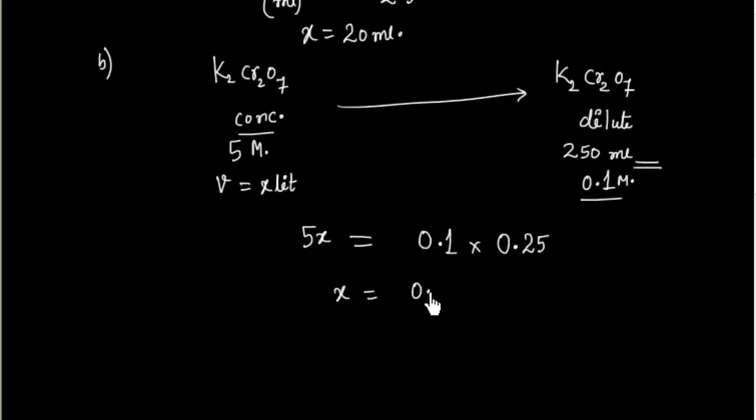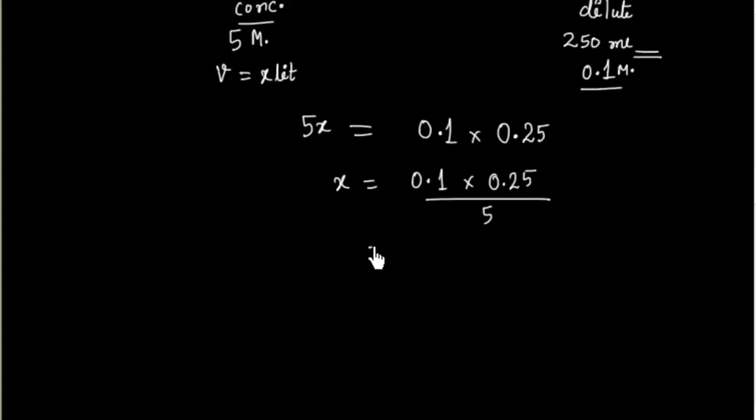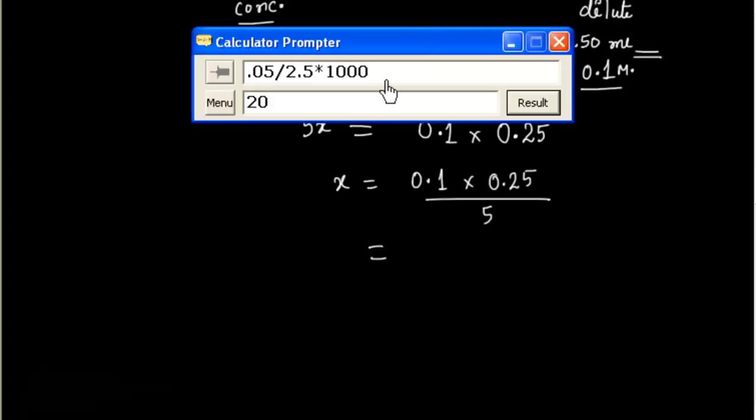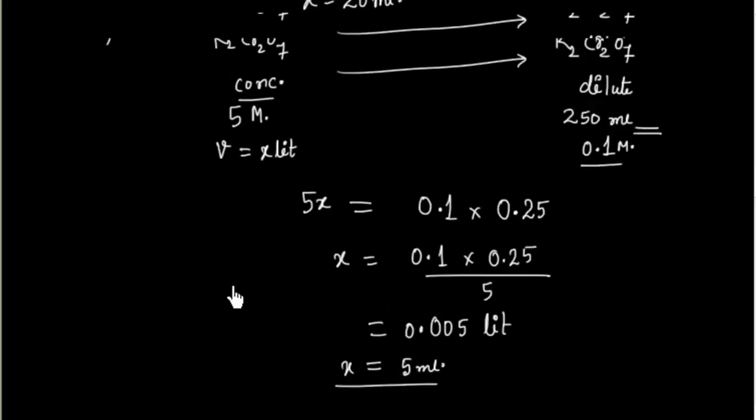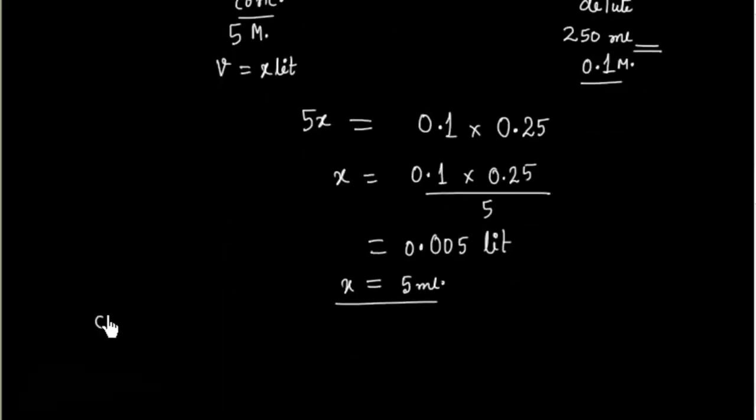So x is equal to 0.1 into 0.25 divided by 5, so this is 0.005 liter, or converting into milliliter, that is 5 ml. So we have to take 5 ml of the concentrated K2Cr2O7 solution.